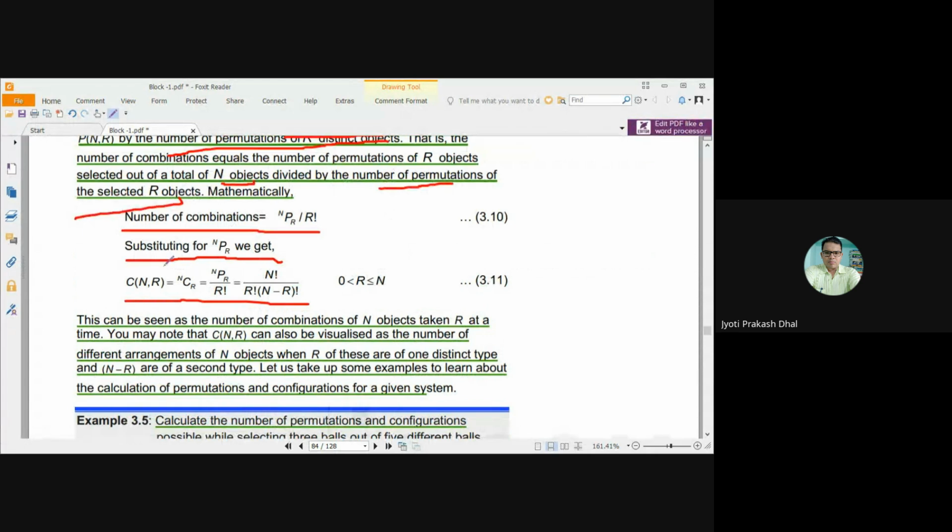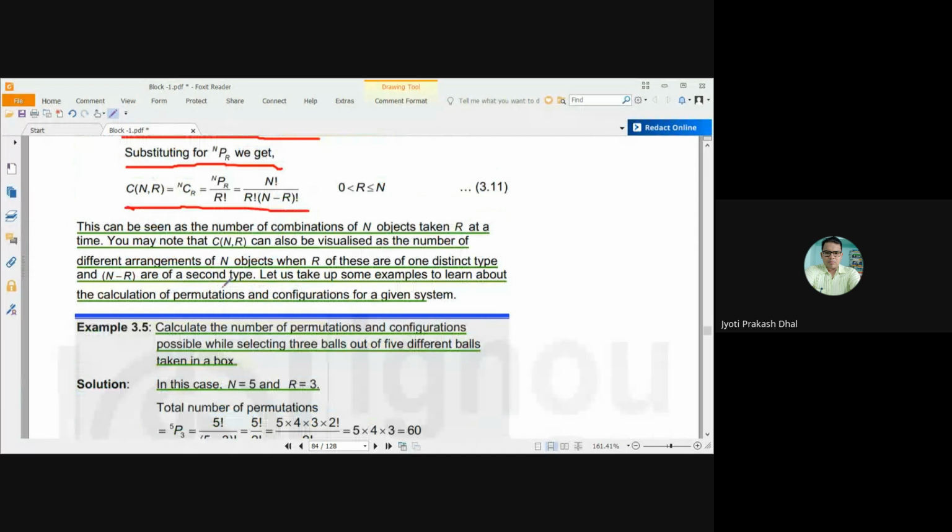Mathematically, the number of combinations equals NPR divided by R factorial. Substituting for NPR, we get NCR equals NPR divided by R factorial, which equals N factorial divided by R factorial times N minus R factorial.